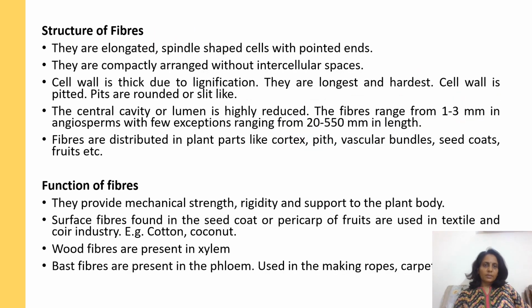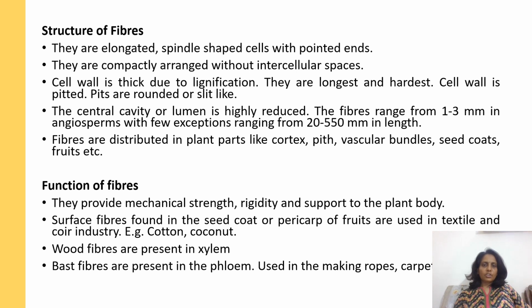So what are the fibers? As the name says, fibers are elongated, spindle-shaped cells with pointed ends, compactly arranged without intercellular spaces. The cell walls are thick due to lignification. They're quite long and hard. The cell walls are pitted, which may be round or slit-like.